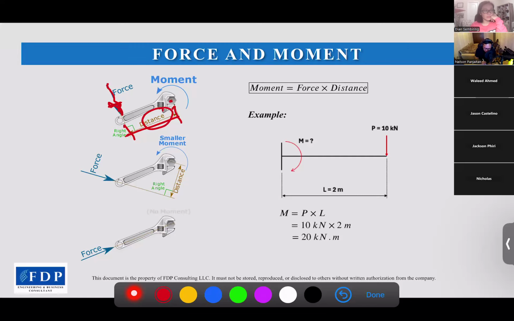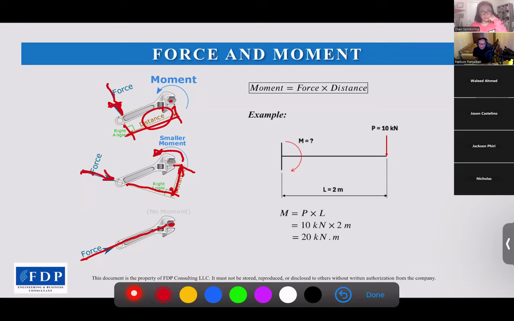And if we have a force angle like this, the distance will become smaller in here, and a smaller moment will happen at the center of the moment. But if the force is exactly sitting on the center of the moment, there will be no moment because the distance to the center is zero. That's what the formula is saying to us about the moment.